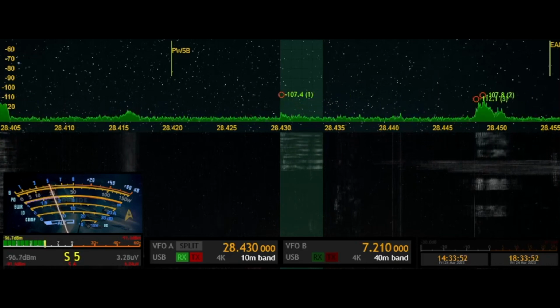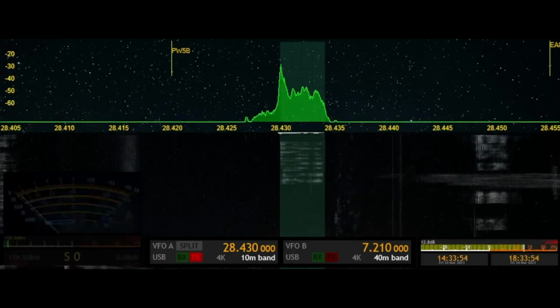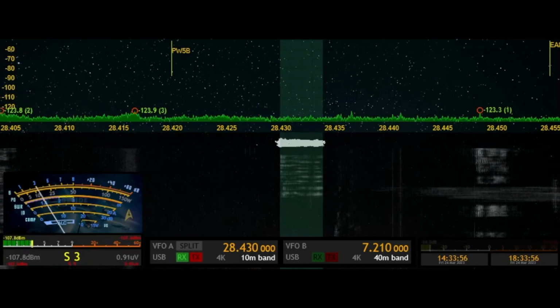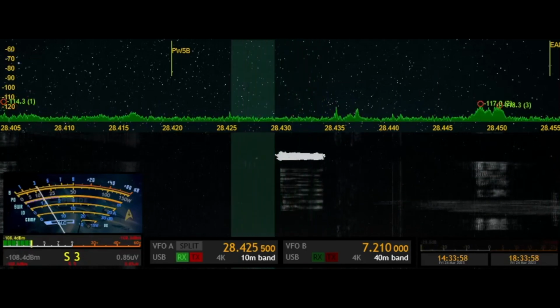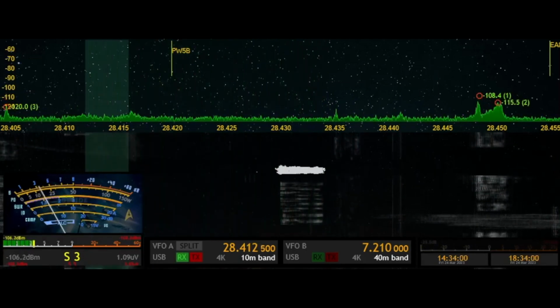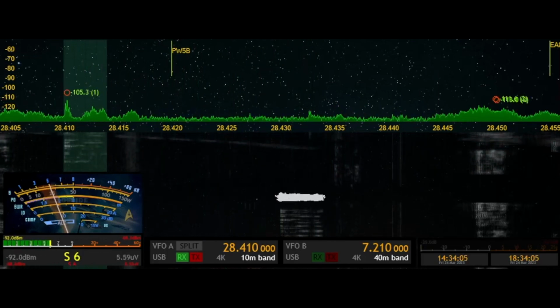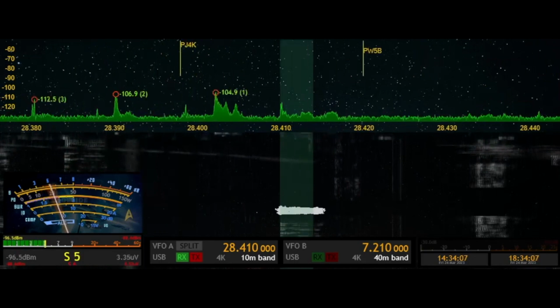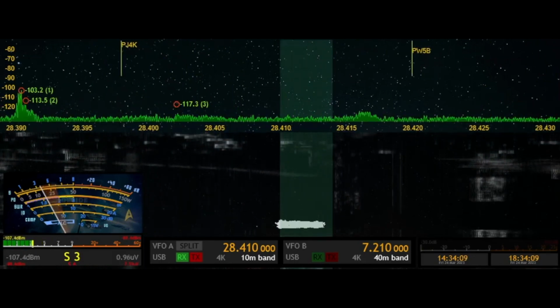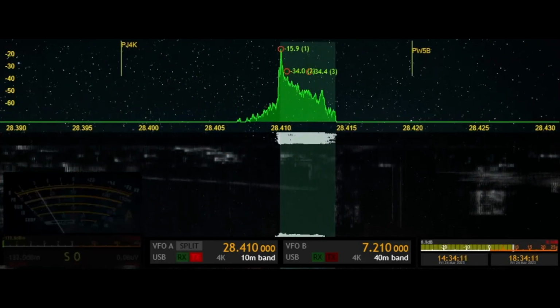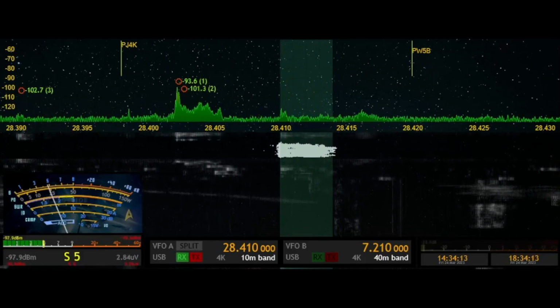N4VFR, QSY. Okay, QSY. N4VFR, K0MO, this is N4VFR. N4VFR, K0MO. Okay, loud and clear.